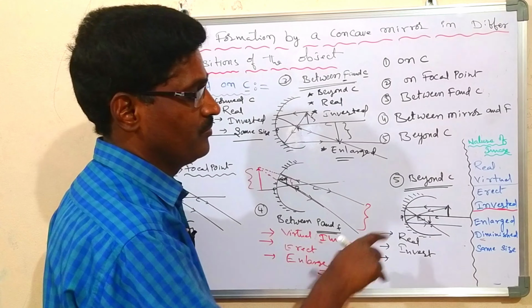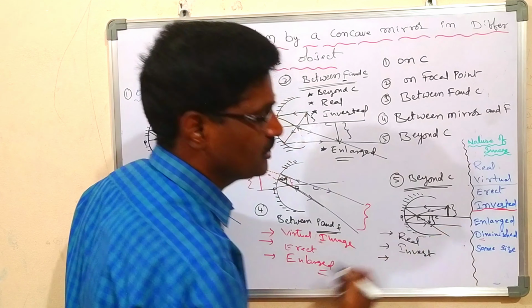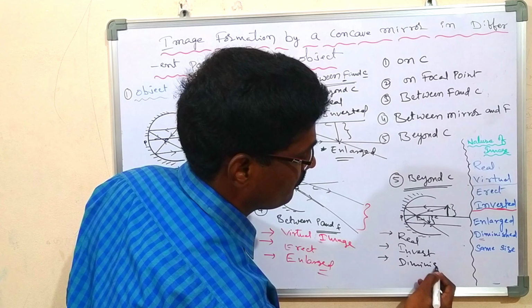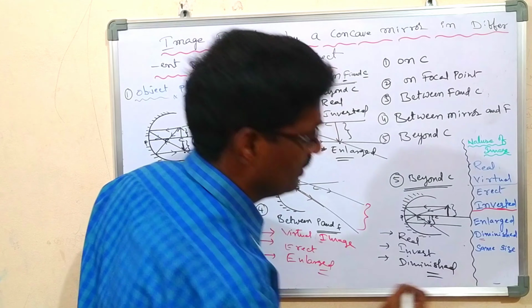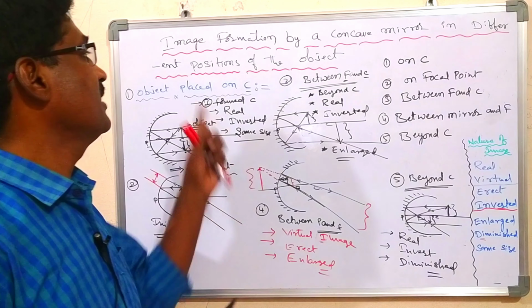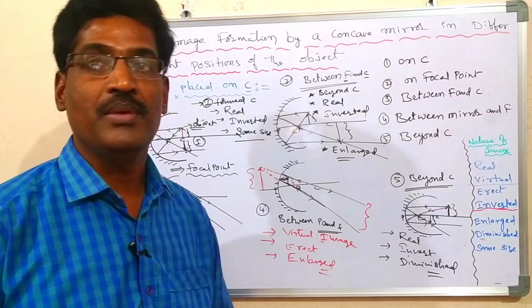Now if you look here, compared to the object this is a little bit small, so it is diminished. This is about the different positions of the object and the nature of the image.